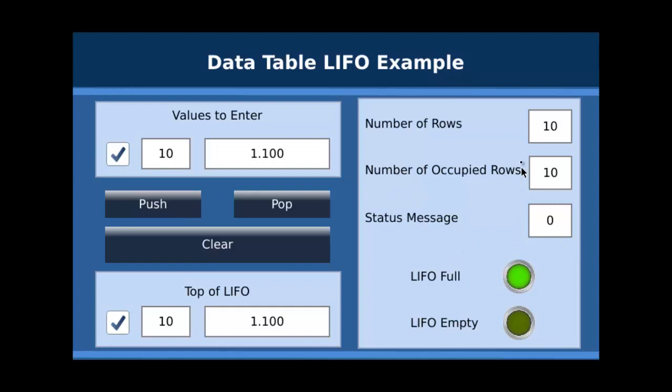We see now that the number of occupied rows is now 10 out of our possible 10 rows that were available. The LIFO full bit has now gone high.